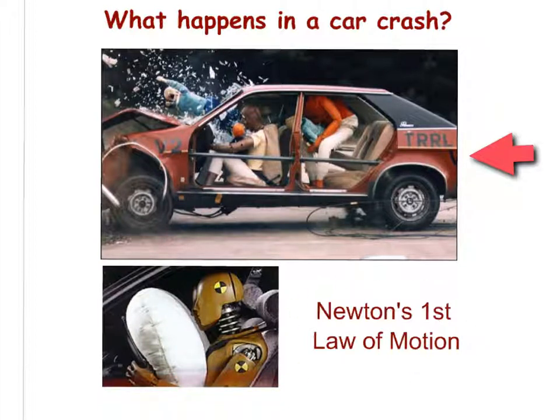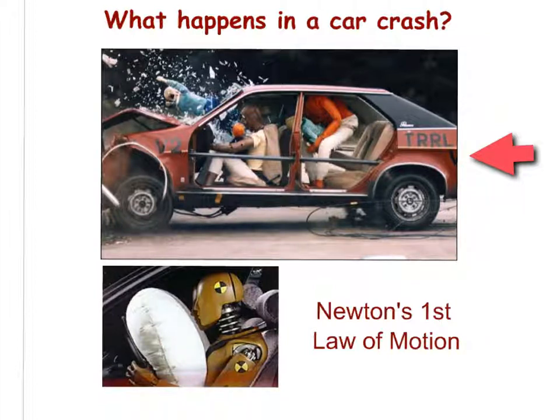motion. If we have our car traveling this direction, that is the motion in which it is traveling. And remember, objects in motion tend to stay in motion. And this object encounters another object at rest, maybe. It runs into a stationary object.